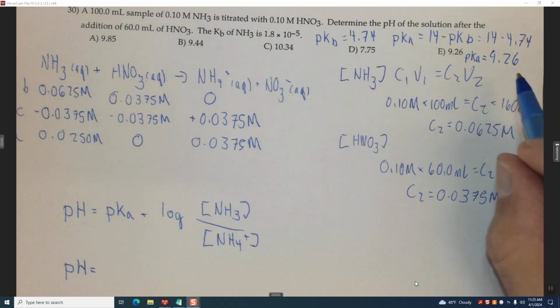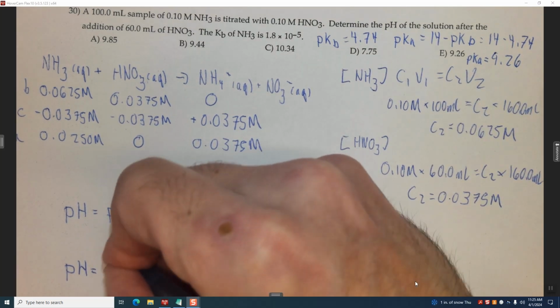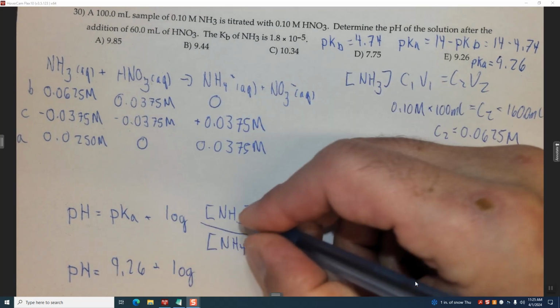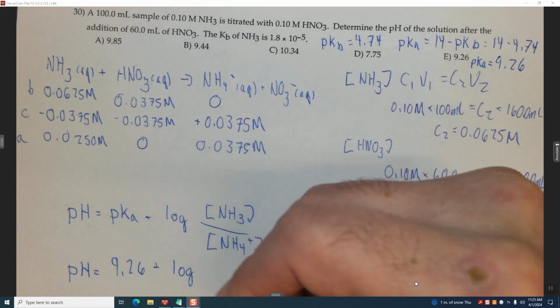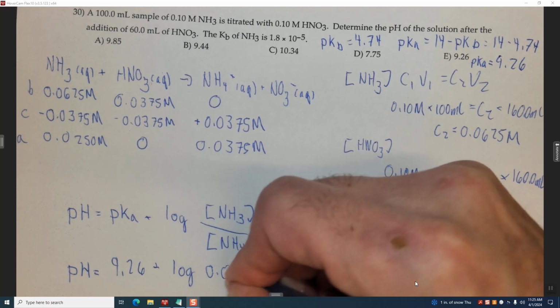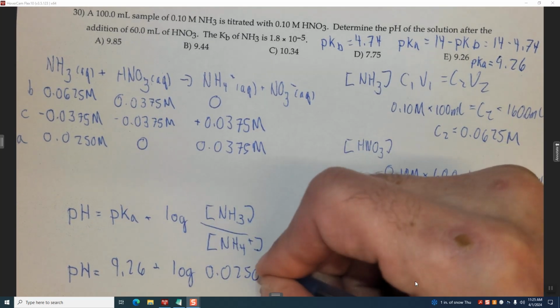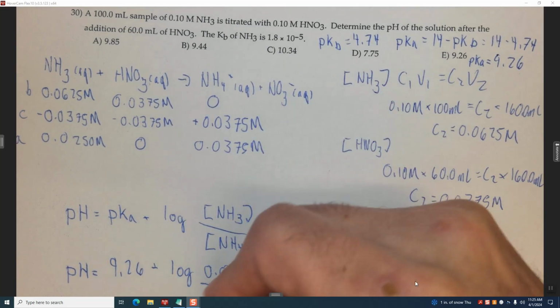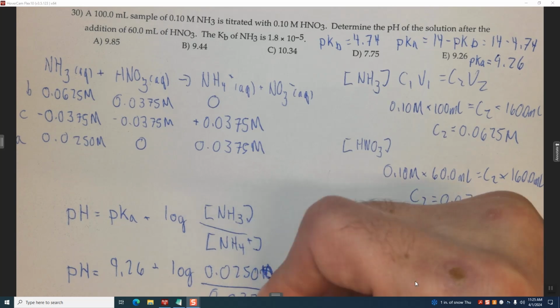The pH equals the pKa, which is 9.26, plus the log of the concentration of NH3, which is 0.0250 molar, divided by 0.0375.